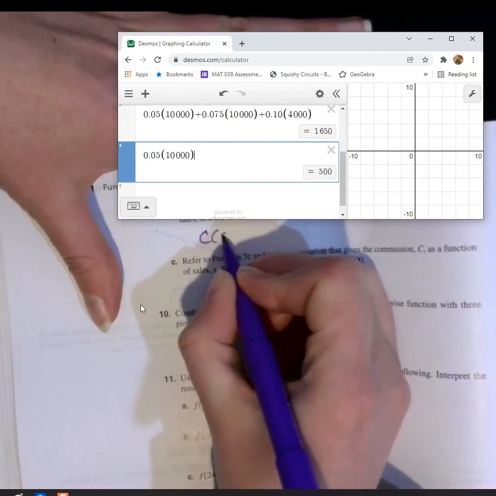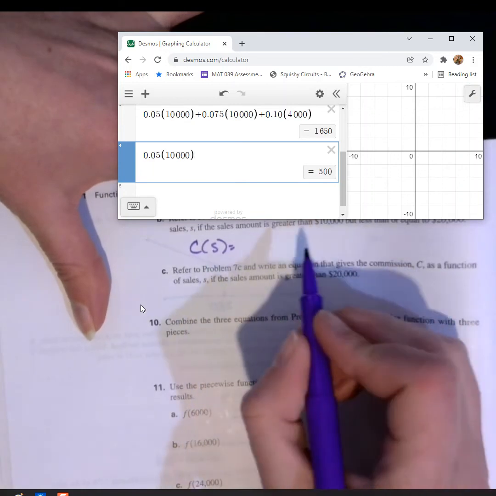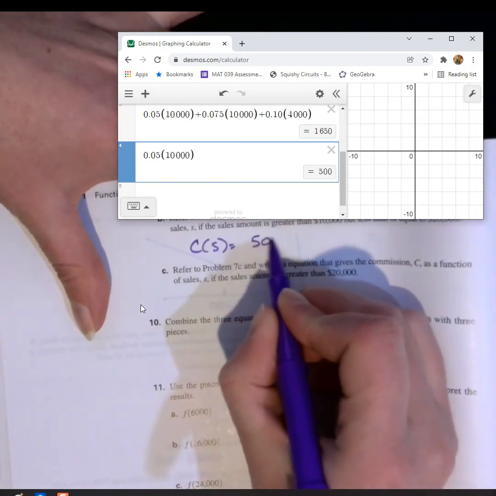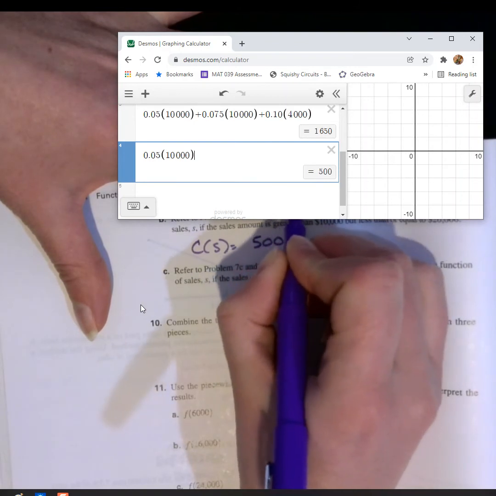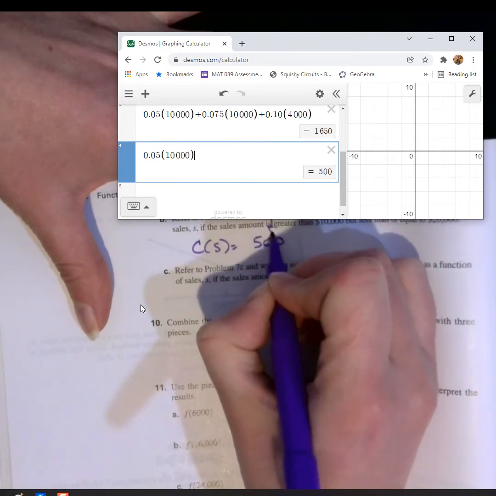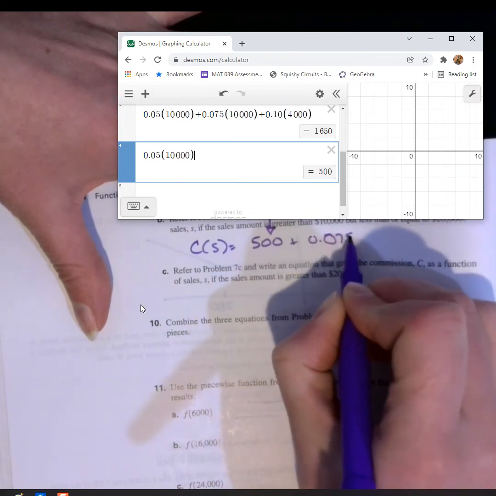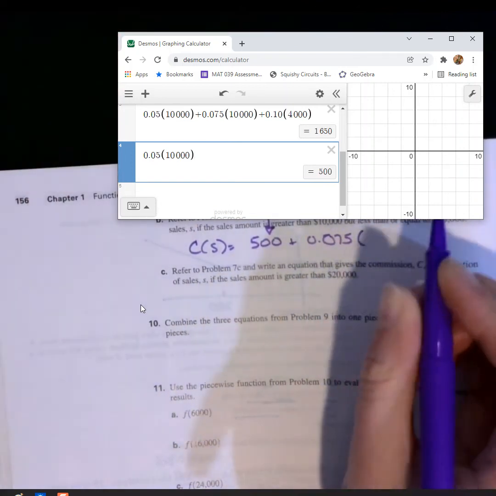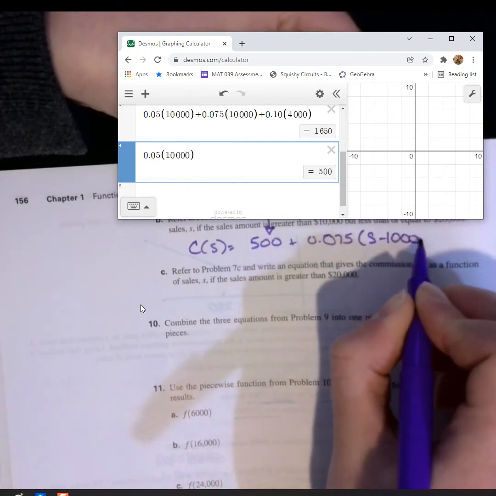Okay, so C of S, if we're over 10,000 but still less than 20,000, we're going to be making $500. And again, that $500 is the 0.05 times 10,000. Plus, we're going to be making our 7.5% on the amount of our sale that is larger than 10,000.